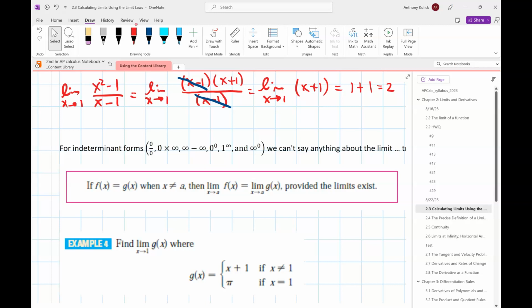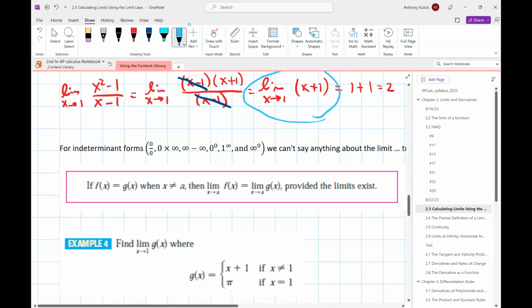Which is exactly what we used right here, because x plus 1 is equal to x squared minus 1 over x minus 1, except at the value x equals 1. But this property says that's okay. You can still do the limit there. They're just going to be the same.